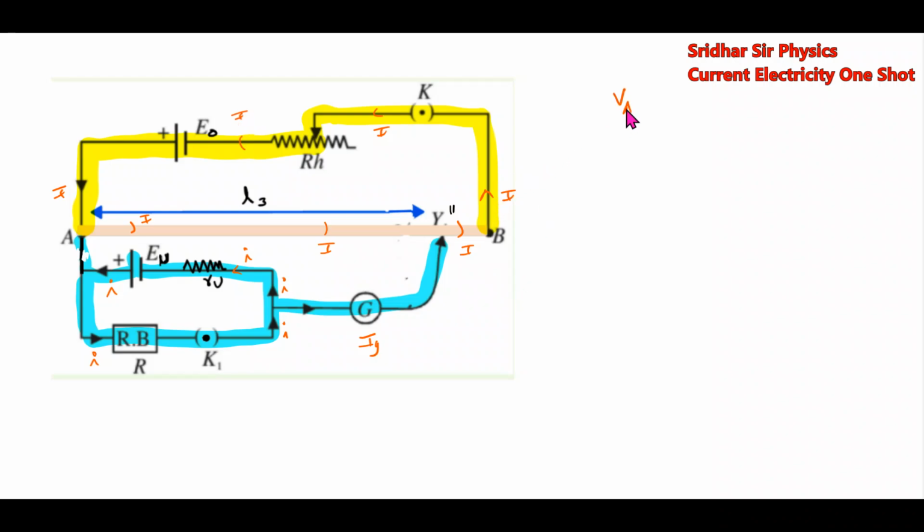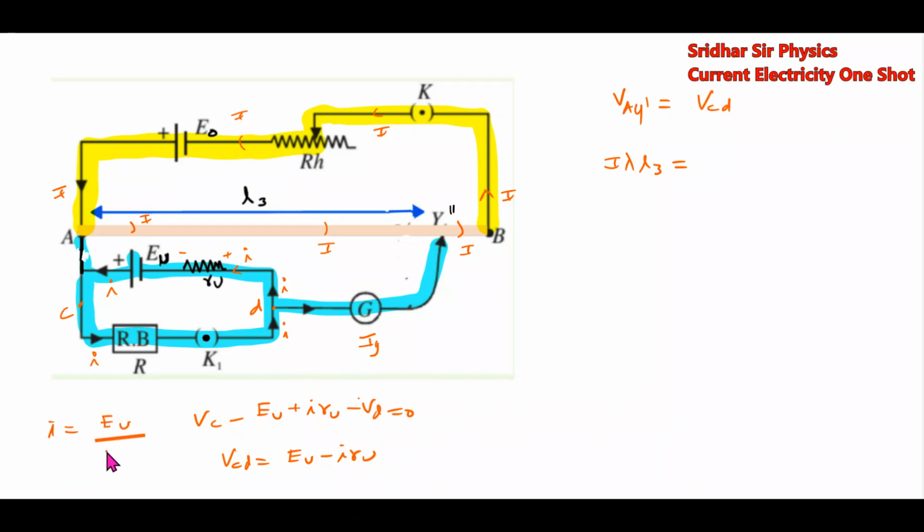So now VAY dash is equal to the drop across C and D, VCD. VAY dash is equal to I lambda L3. What is VCD? It is EU minus the drop across the internal resistance. What is I equal to?